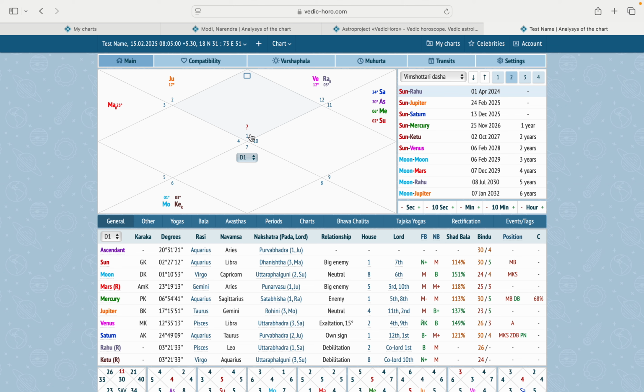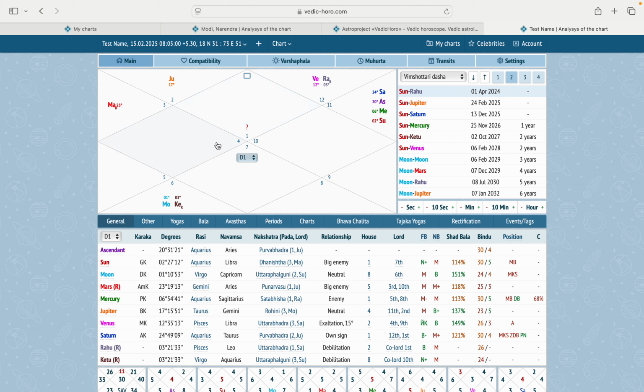So an additional point here as a part of our theory is that the first house represents the east direction. Just like an atlas is a 2D representation of the globe, similarly this kundali is the 2D representation of the globe or the earth. And what this represents here is the east direction.